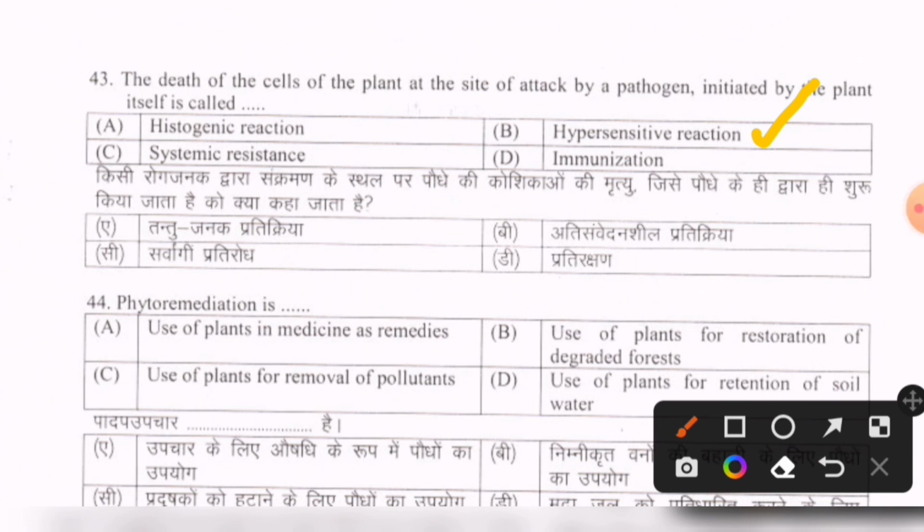Phytoremediation is. Options are use of plants in medicine as remedies, use of plants for restoration of degraded forests, use of plants for removal of pollutants, use of plants for retention of soil water. The correct option is use of plants for the removal of pollutants.